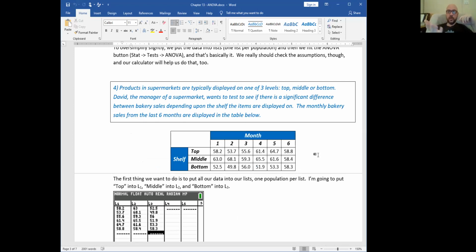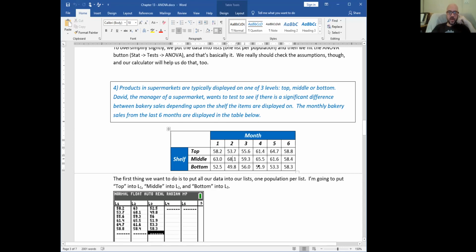And so we're going to do a test to see if that's true or not, right? We've got the sales from the top shelf, sales from the middle shelf, and the sales from the bottom shelf that we're going to compare. We want to see if the average sales on the top shelf, middle shelf, and bottom shelf are plausibly equal or not.